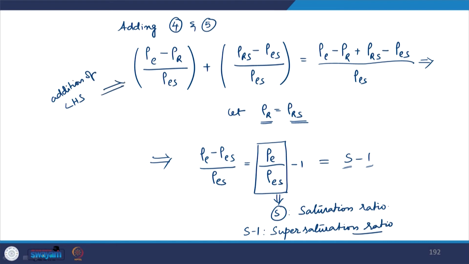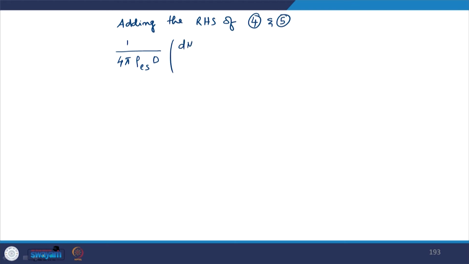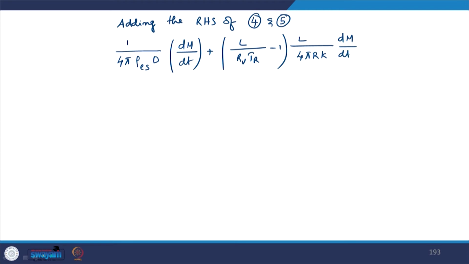This was the addition of LHS alone, right. Now, let us add the RHS as well. Adding the RHS of equation number 4 and equation number 5, we will realize 1 by 4 pi rho ES capital D times dm over dt plus L by RV TR minus 1 times L by 4 pi R K dm by dt.